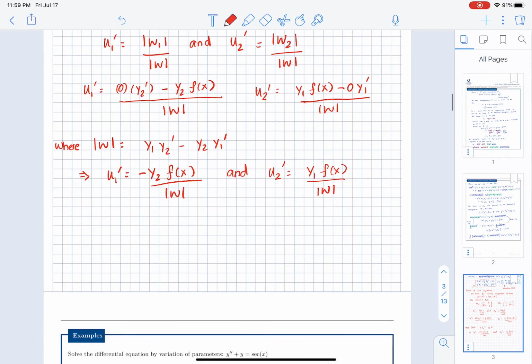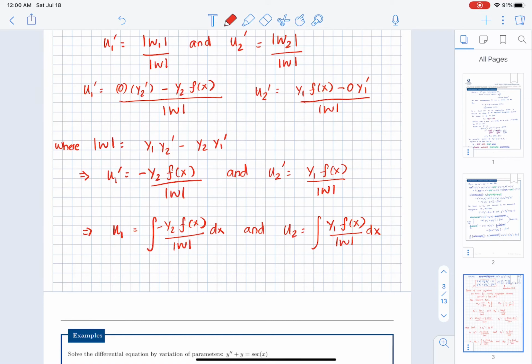So we have u1 prime and u2 prime, which means u1 is the integral of minus y2 f of x divided by the determinant of the Wronskian dx, and u2 is the integral of y1 f of x divided by the Wronskian dx.